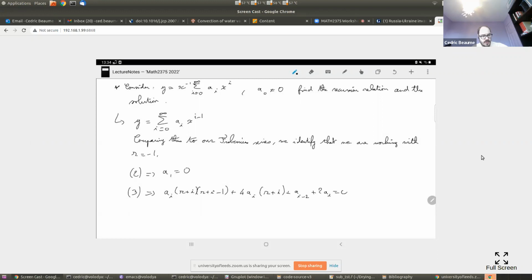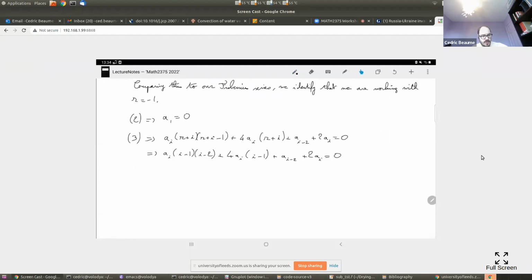I'm replacing now r by -1. So that gives me a_i (i-1)(i-2), plus 4a_i (i-1), plus a_(i-2), plus 2a_i equals 0.